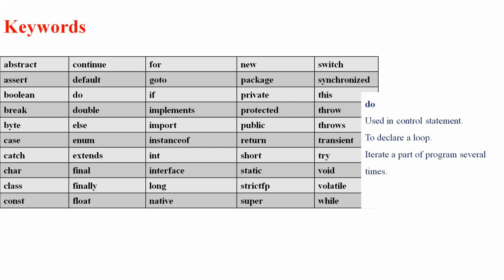Do is the next keyword used in Java programming. This do is used together with while in order to create a do while loop.